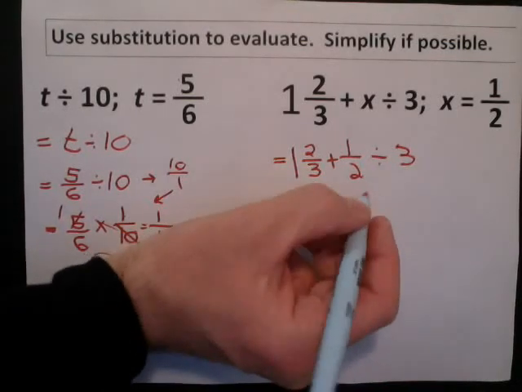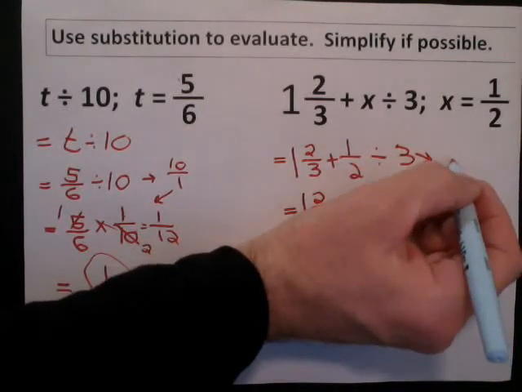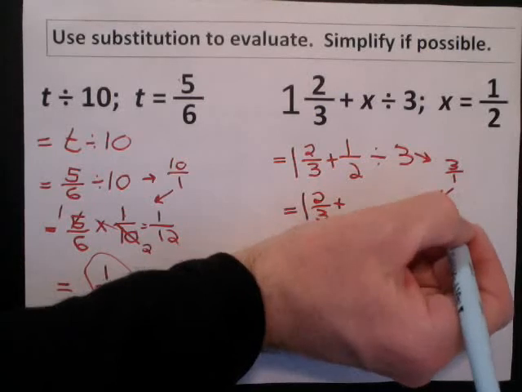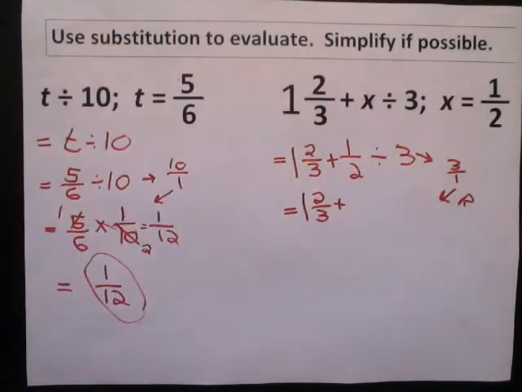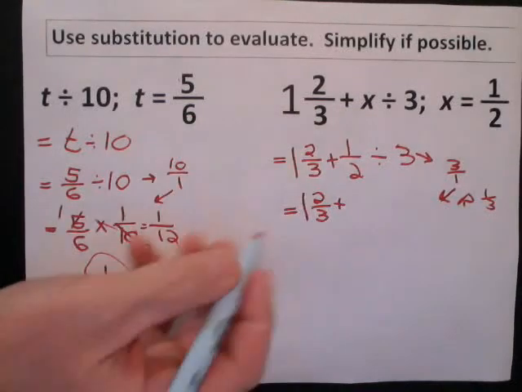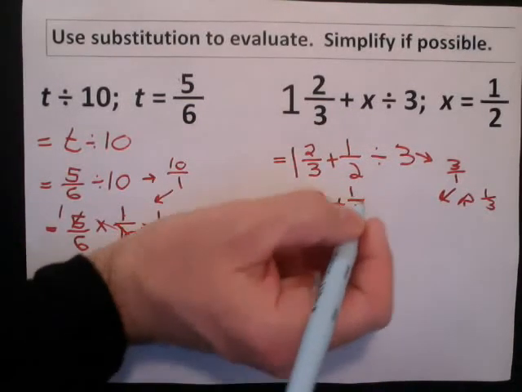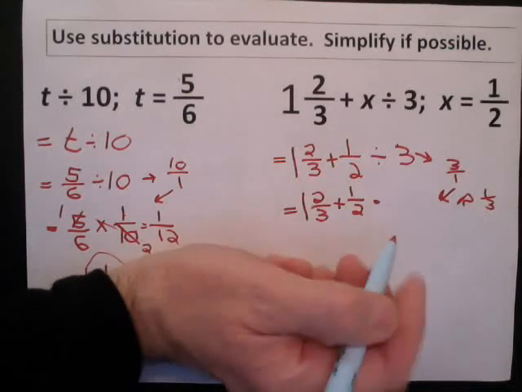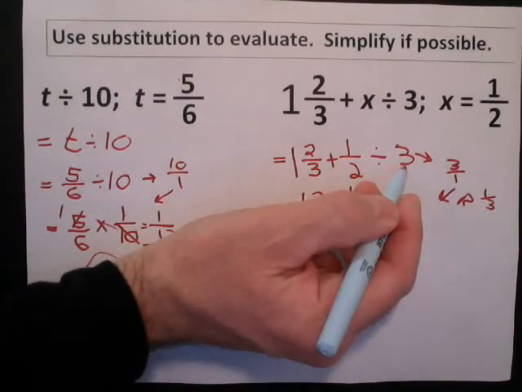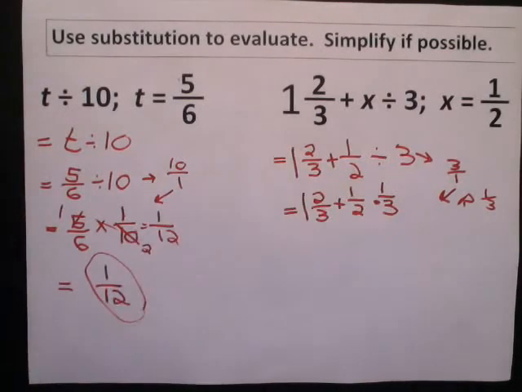Now, again, we know that 3 needs to be an improper fraction, which then needs to be turned into the reciprocal of 1 over 3. So we're going to rewrite 1/2 with a multiplication symbol and use the reciprocal of 3, which will be 1/3.